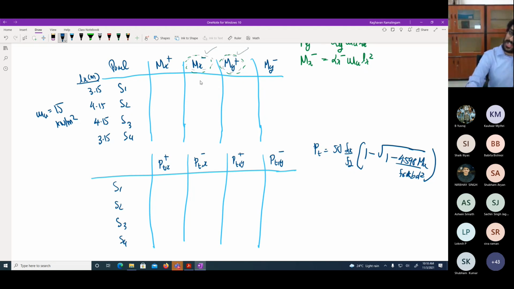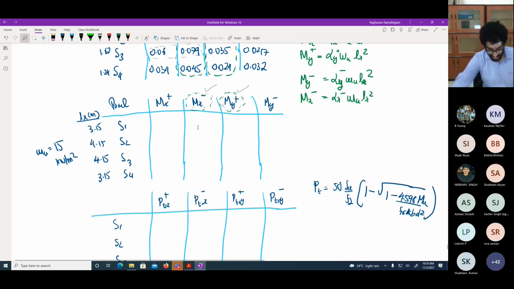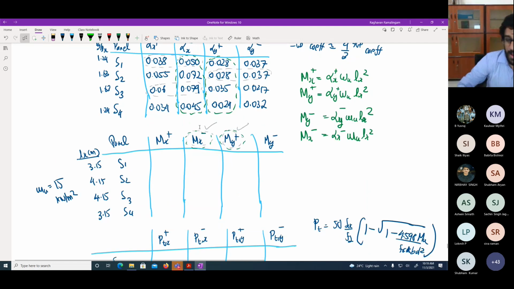So anybody has values of Mx minus or My plus for any of these? We have about 5 minutes, so I want to find at least a few PT values before that. Any Mx minus values or My plus values?